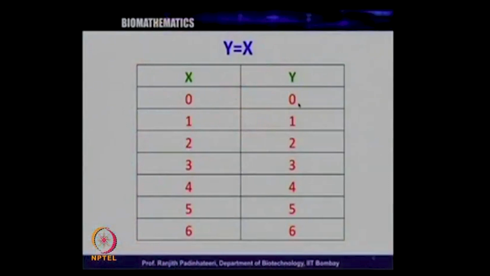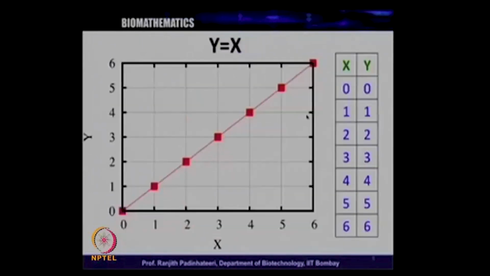When x is 1, y is 1, when x is 2, y is 2, when x is 3, y is 3, 4, 4, 5, 5 and 6, 6. So, this is a very easy point. It is easy to understand, because for every x value the y value is the same. This is the simplest function you can think of, and let us see how this is plotted.